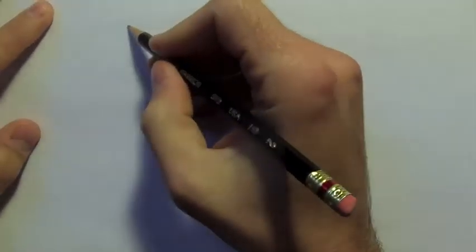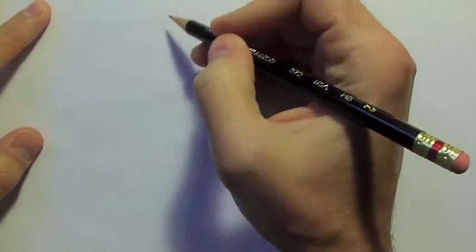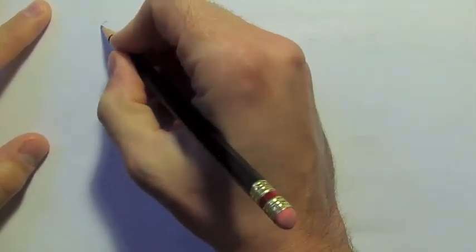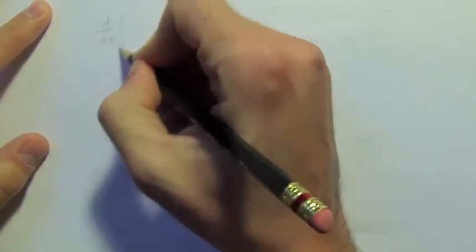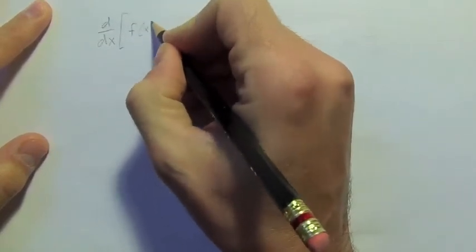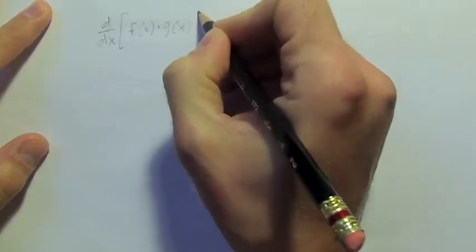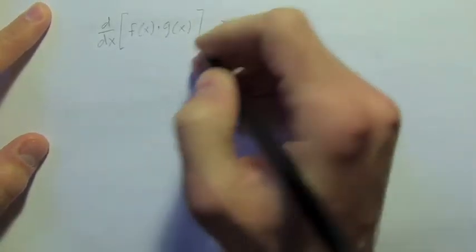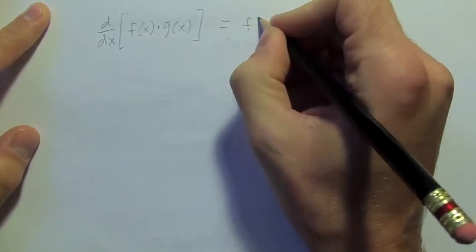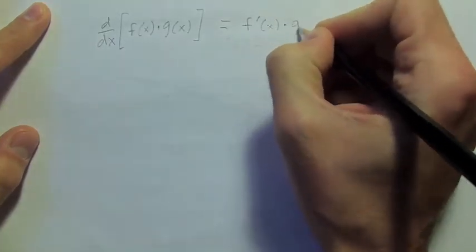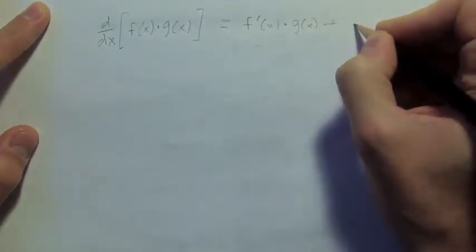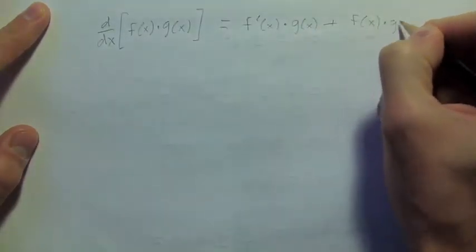Okay. So the question is, what is the derivative of a product? The answer at first may seem a little counterintuitive, but essentially the derivative with respect to x of a product, f of x times g of x, provided we know the derivatives of f and g, is actually going to be f prime of x times g of x plus f of x times g prime of x.